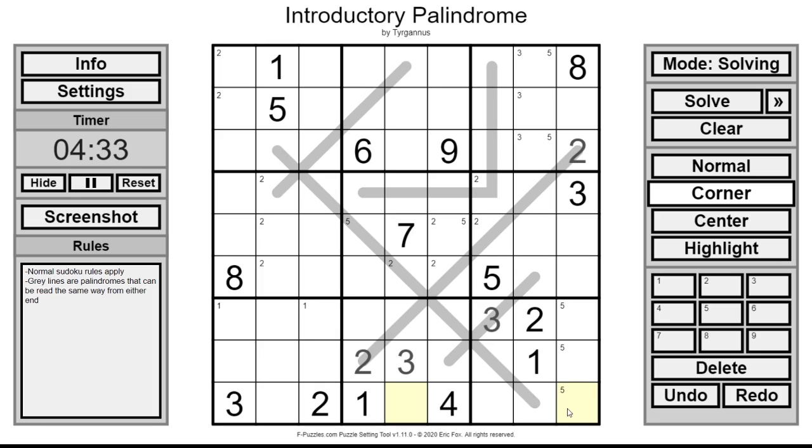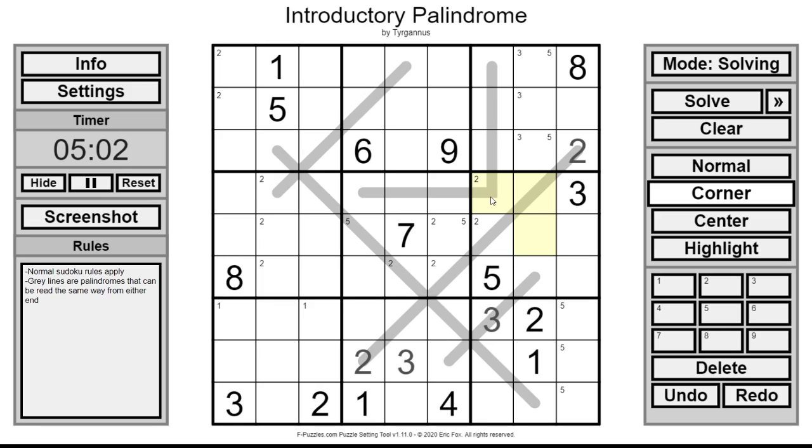That's pretty restricted. Looking at 8s, I don't see too much with 8s. The 8 sees this square, so it also sees that square. So 8 over here is in one of those spots.